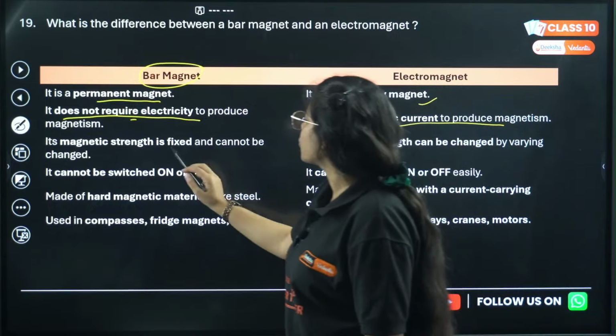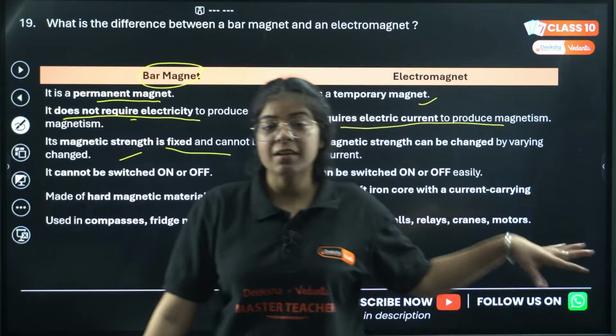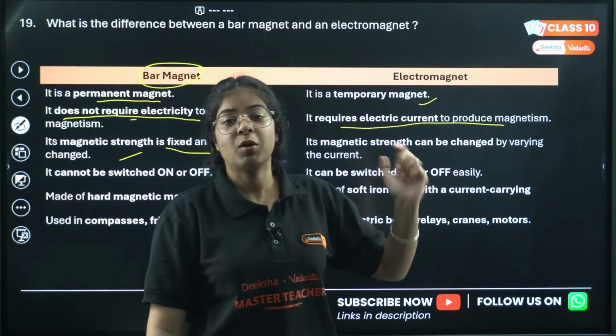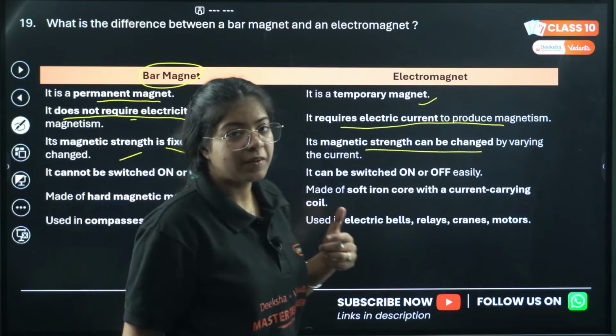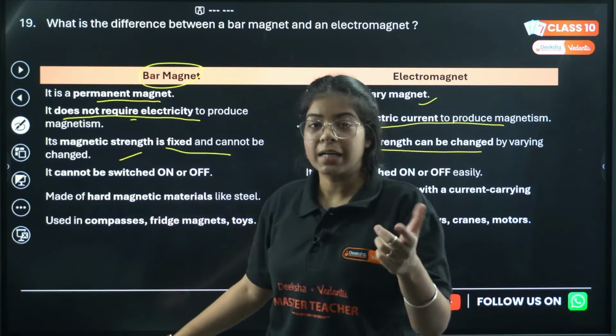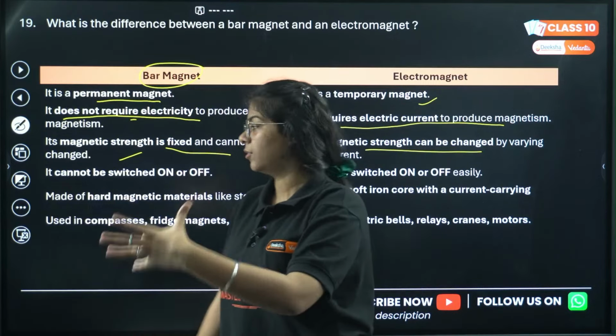The magnetic strength is fixed and cannot be changed in a bar magnet, but in an electromagnet, if we change the current, or if we change the number of coils, we can change the strength of the magnetic field. Correct? We can change the strength of the electromagnet if we increase the current through it.